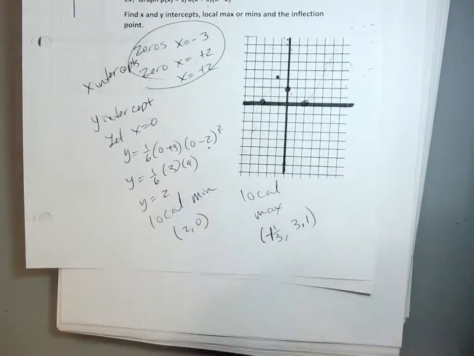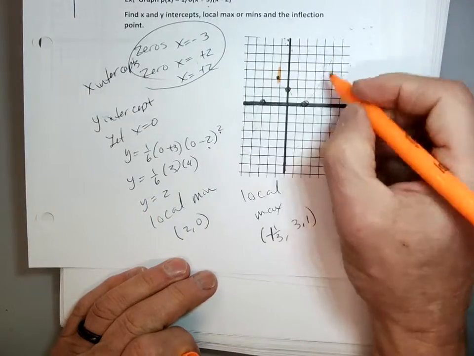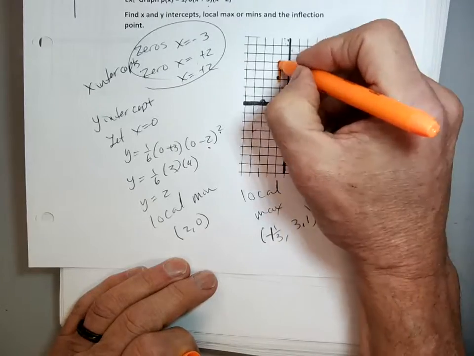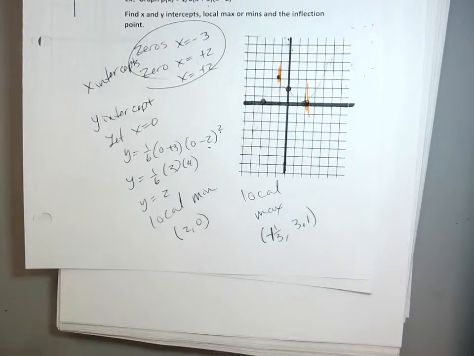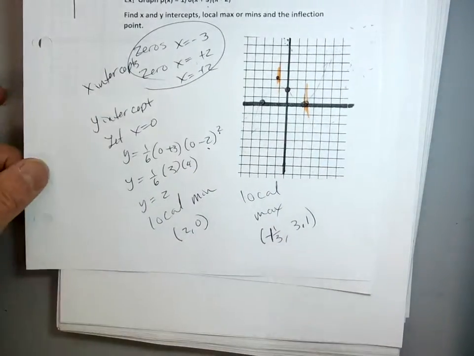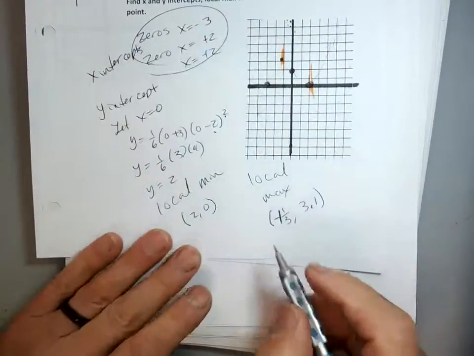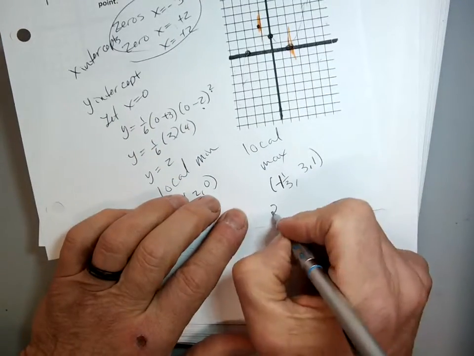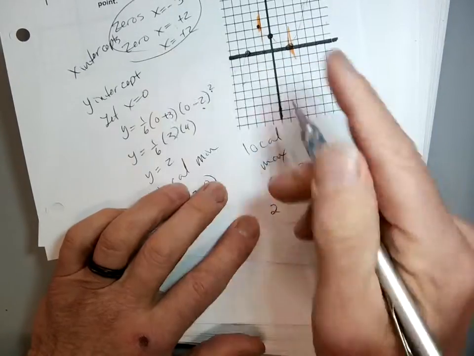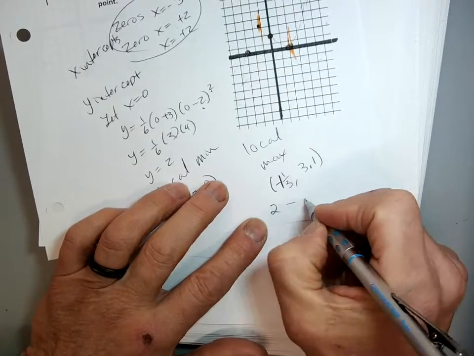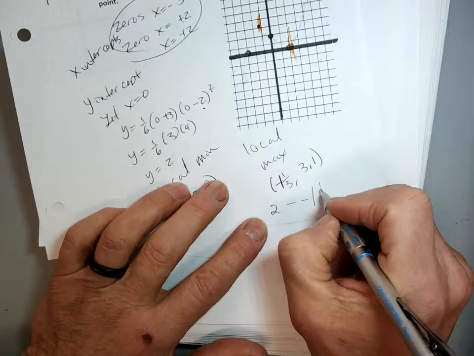My inflection point is halfway between these two points, right? So let's figure out the distance between them. I've got a 2, and I've got a minus 1 1/3.